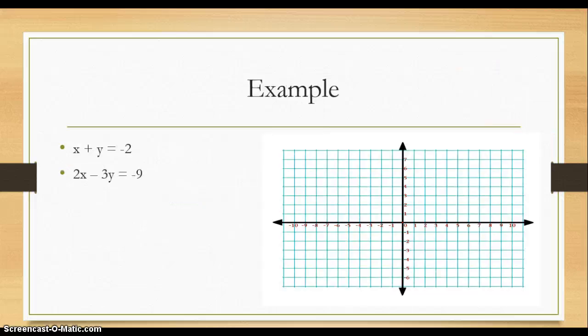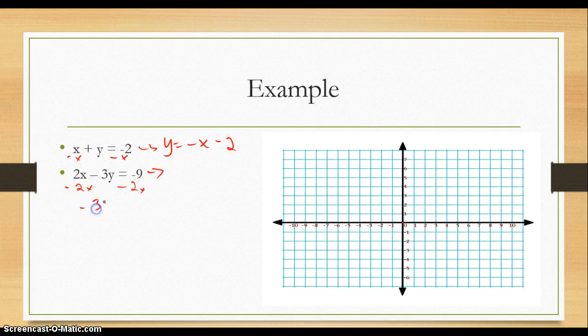Let's go over this. Here's the example. x plus y equals negative 2 and 2x minus 3y equals negative 9. So let's go over each of these by the steps. So step 1, get into y equals mx plus b. So subtract x over here. This is y equals negative x minus 2. Okay. Subtract 2x.